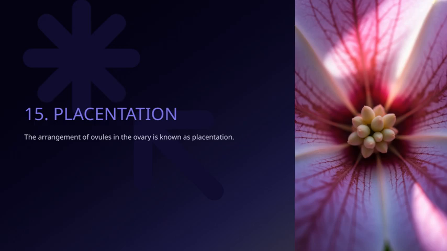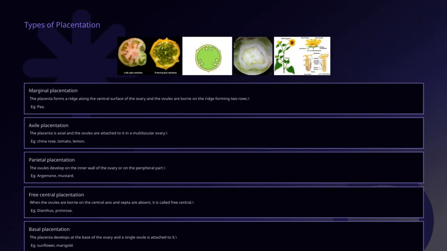Throughout this presentation, we've been exploring the structure and function of flowers, and placentation is a key part of how flowers ensure successful reproduction. So remember, the way ovules are arranged inside the ovary plays a significant role in the plant's reproductive strategy. Today, I will explain the different types of placentation, which is an important aspect of flower anatomy.